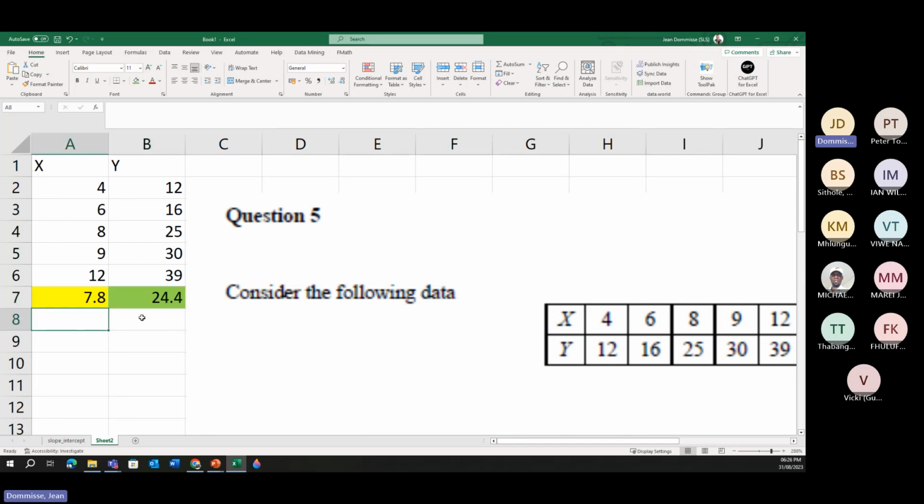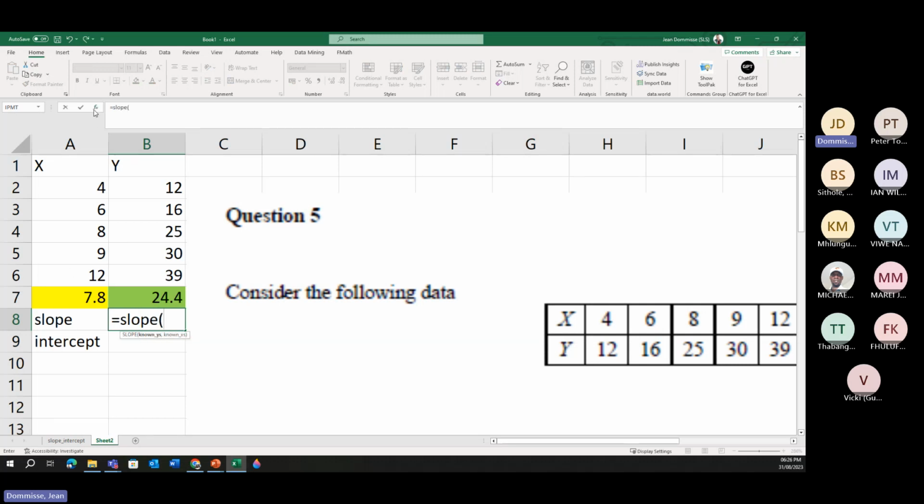But let's work out the slope, and then let's work out the intercept, and then we take it from there if we need to look at some of the other options.